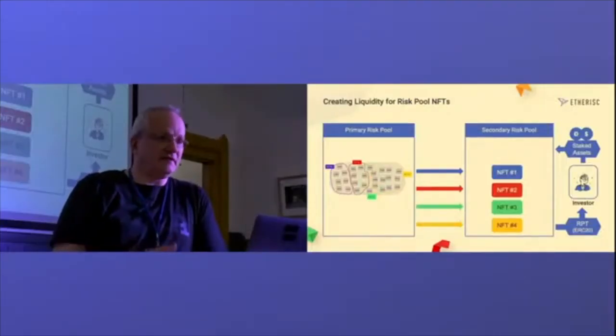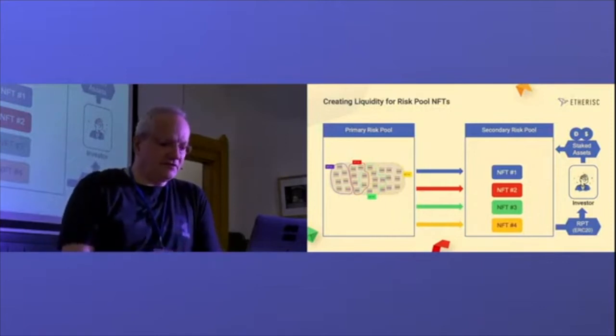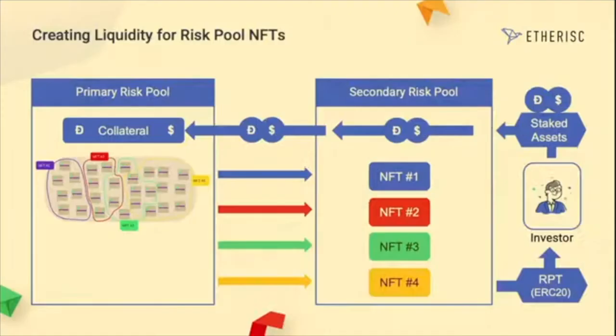These are standard ERC20 tokens which can be traded on Uniswap or any decentralized exchange. And then this collateral will be routed forward to the primary risk pool and provides the collateral for the policies. So by this trick we have fungible risk pool tokens which represent a specific set of NFTs which have been created from insurance policies.